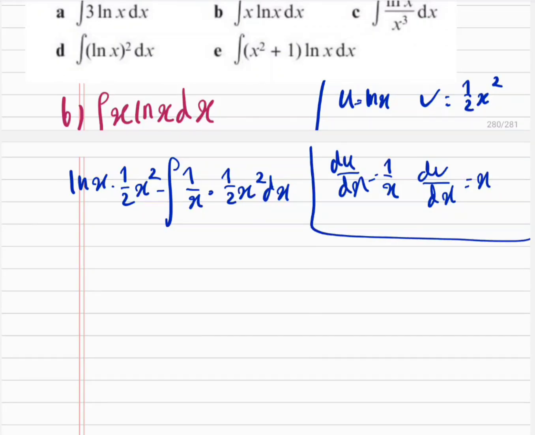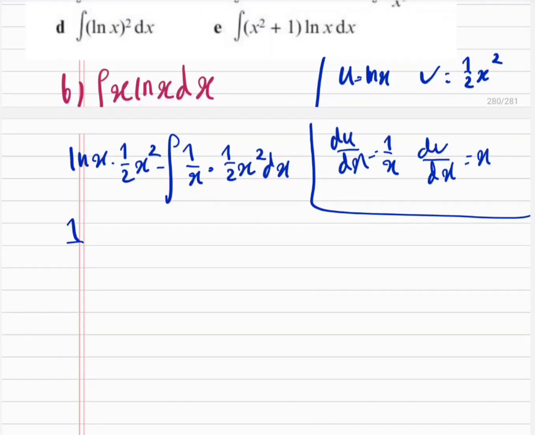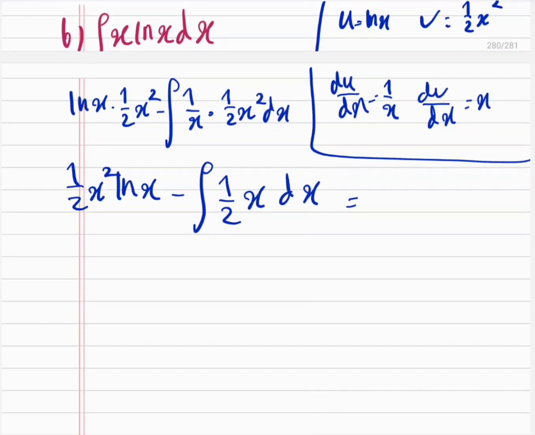So now we have half x squared ln x minus the integral of half x dx, and as you can see, this is much simpler. You can take the half out and just have the integral of x.